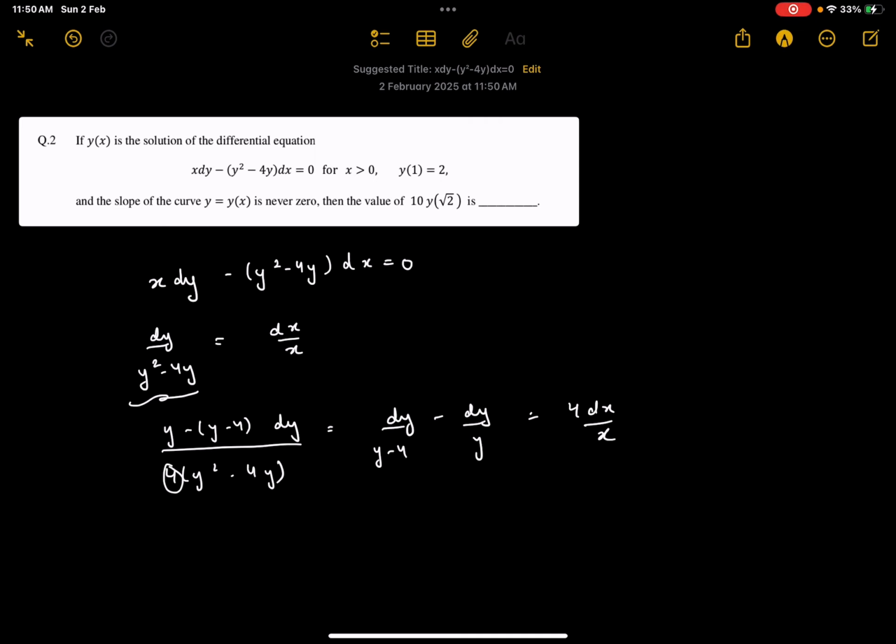We take this 4 and we cross multiply it. So now this is straightforward. Integrating, we'll get ln |y minus 4| minus ln |y| equals 4 ln |x| plus c.